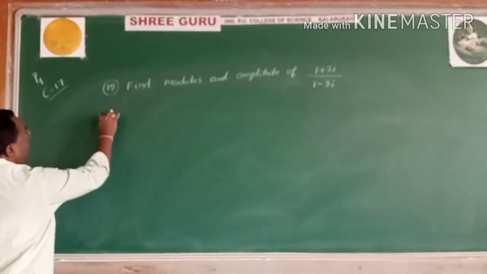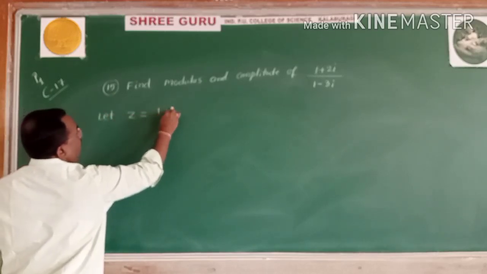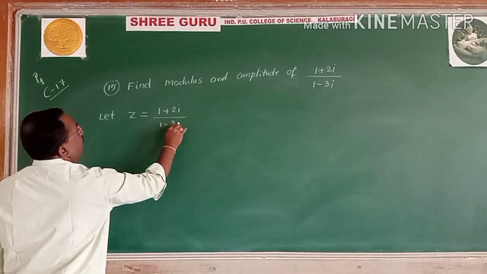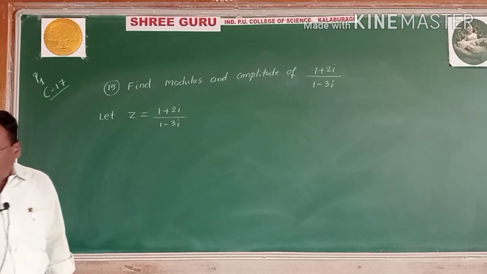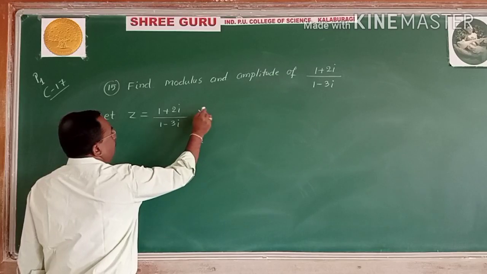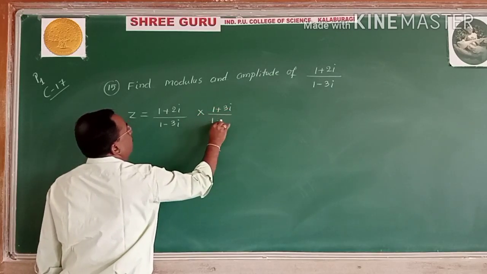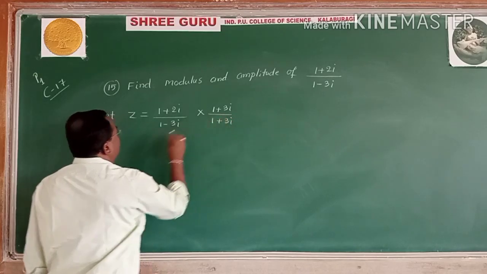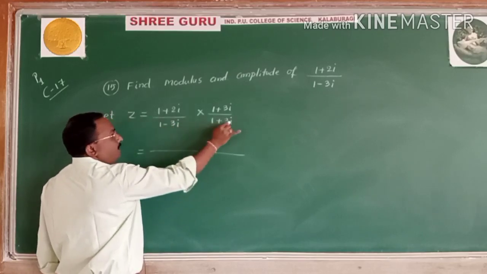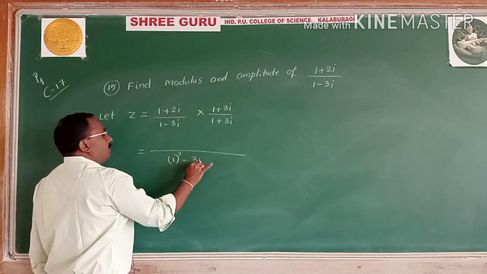Let z is equal to 1 plus 2i divided by 1 minus 3i. Division of complex numbers: rationalize, multiplying by 1 plus 3i divided by 1 plus 3i. Denominator: (a minus b)(a plus b) is a square minus b square.